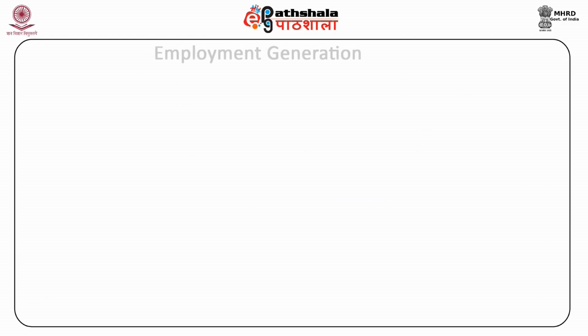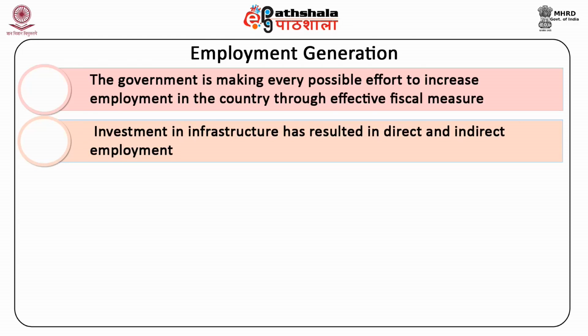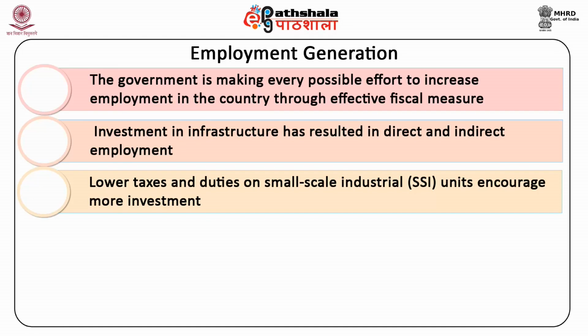Employment generation. The government is making every possible effort to increase employment in the country through effective fiscal measures. Investment in infrastructure has resulted in direct and indirect employment. Lower taxes and duties on small scale industries (SSI) units encourage more investment and consequently generate more employment.